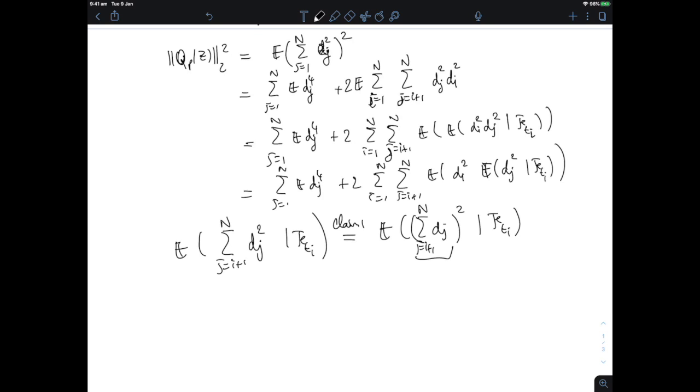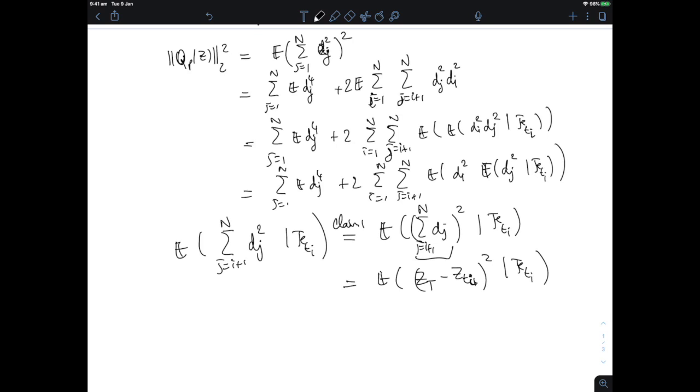And then this is a telescoping sum, and the whole thing becomes the conditional expectation of Z_T minus Z_{t_i}, all of that squared, given F_{t_i}.